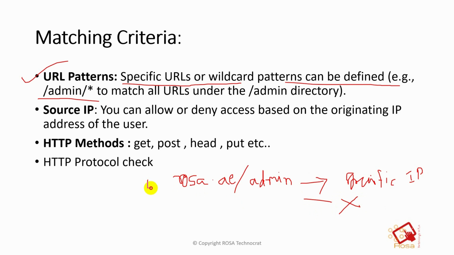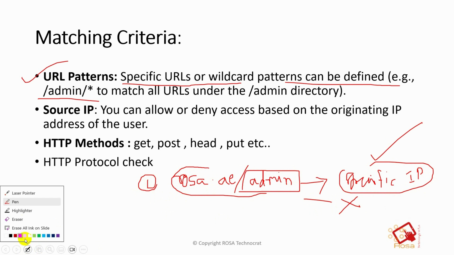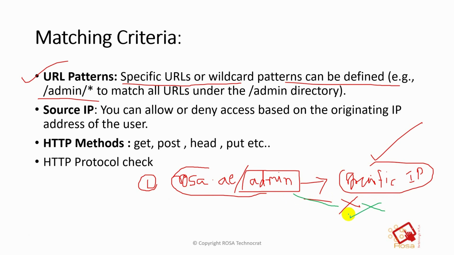This is a matching condition. So if the hostname is rosa.ae, the URL pattern is slash admin, and the source IP is the specific one, then allow access. If any other IP is coming, then you deny the access. This can be one of the matching conditions.